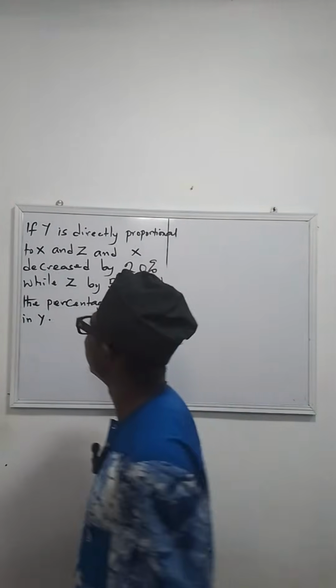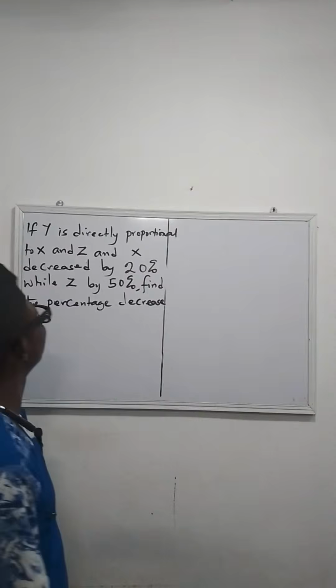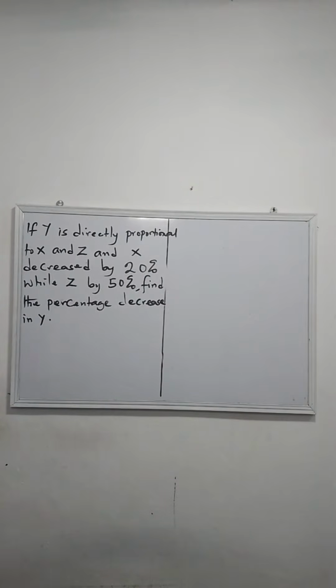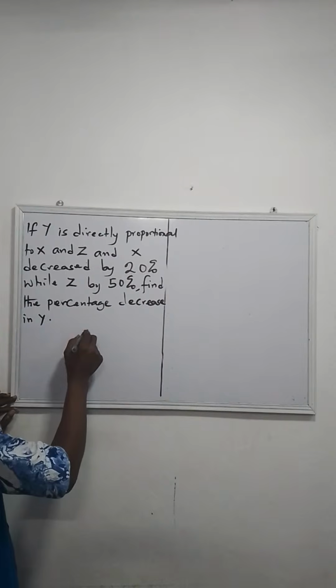All right. Now the question says if y is directly proportional to x and z, and x decreased by 20%, z decreased by 50%, find the percentage decrease in y. So how do you do this?